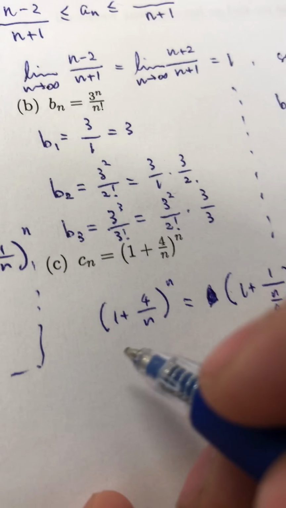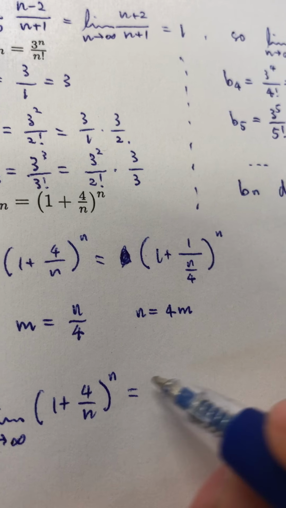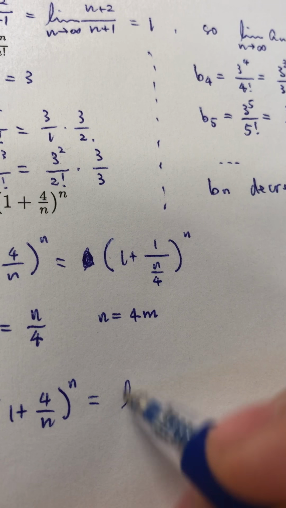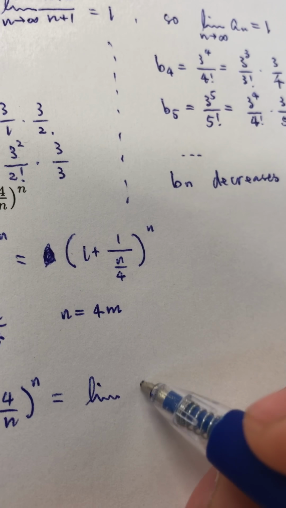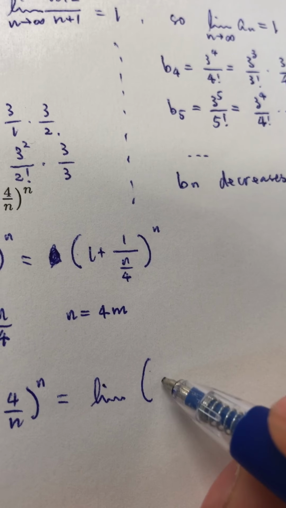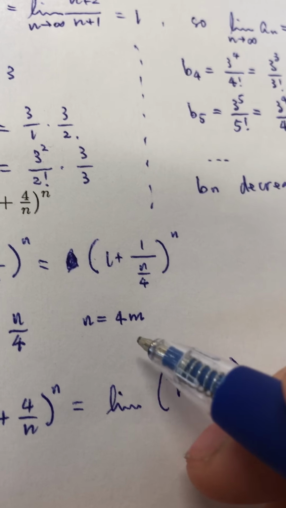So the limit of 1 plus 4 over n to the power of n when n goes to infinity is the same as the limit of 1 plus 1 over m, because n over 4 is m, to the power of n, which is 4m.